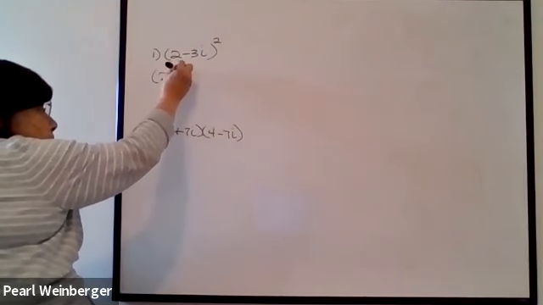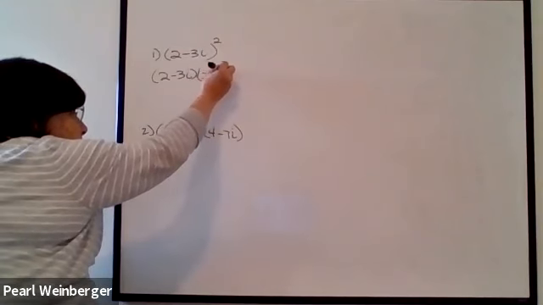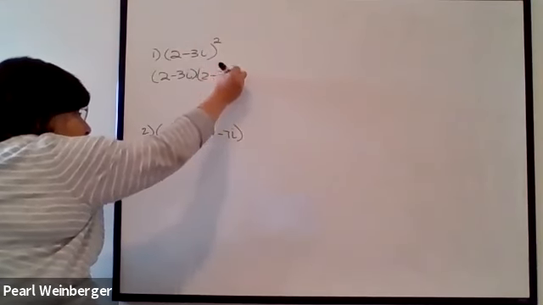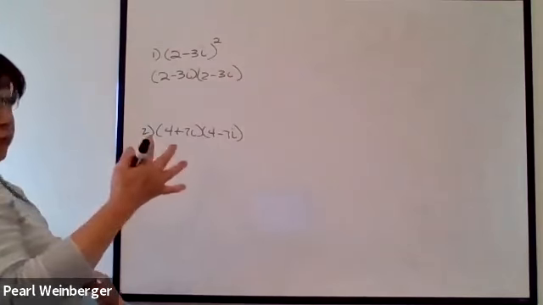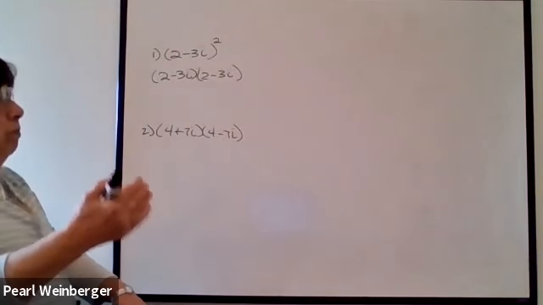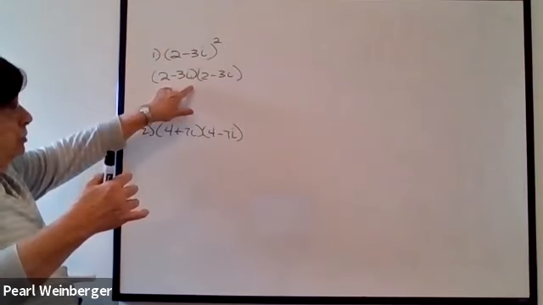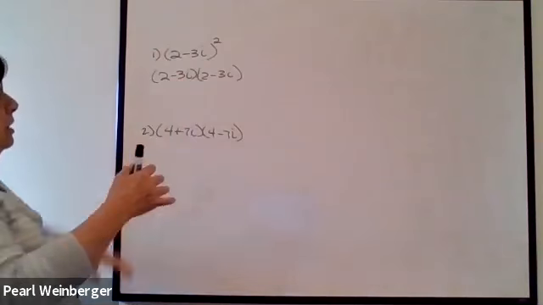We have to write 2 minus 3i times 2 minus 3i. Don't forget, anytime you have a binomial and you're multiplying it by itself, if you're using FOIL, you have to write it twice.